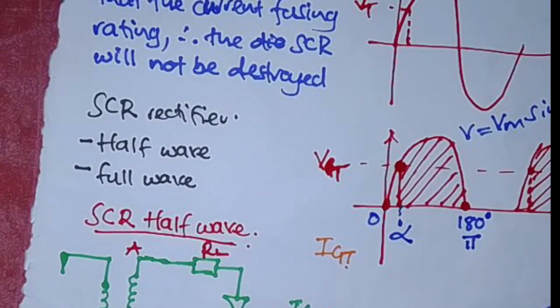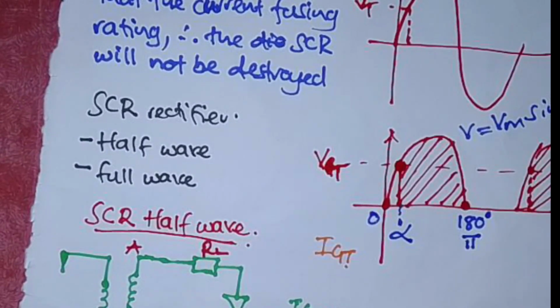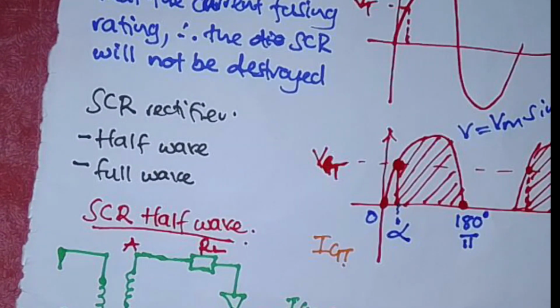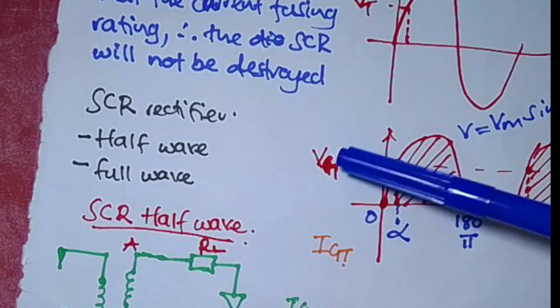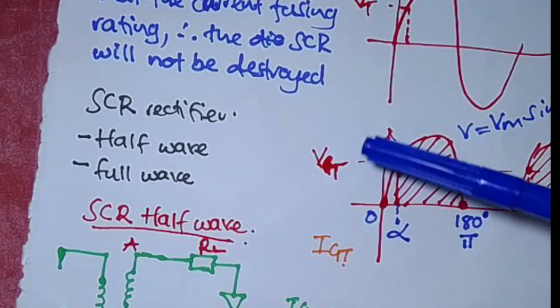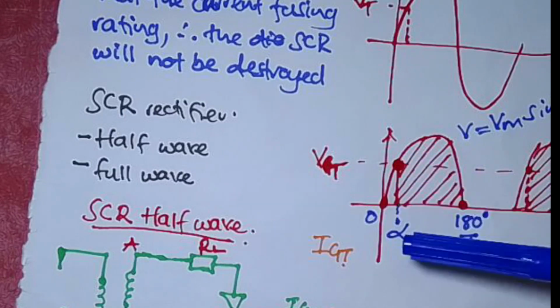So other derivations are all picked from this particular expression, as we shall see. But it is important to know that by varying the resistor, we vary the angle at which the SCR is turned on.